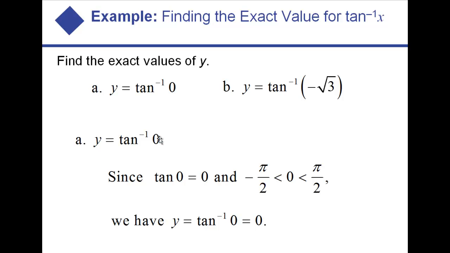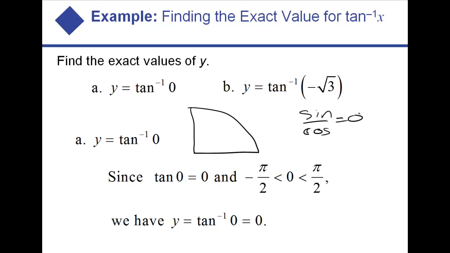Some examples. Finding tangent inverse of 0 just means asking the question, when do we get tangent of 0? Tangent, remember, is sine over cosine.